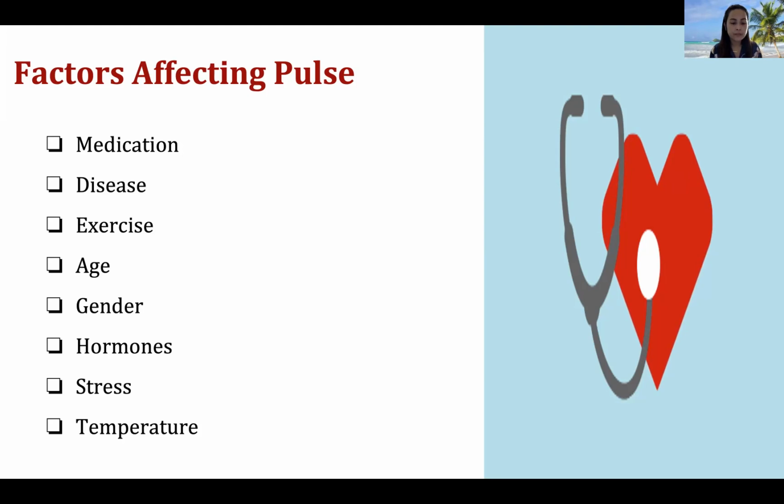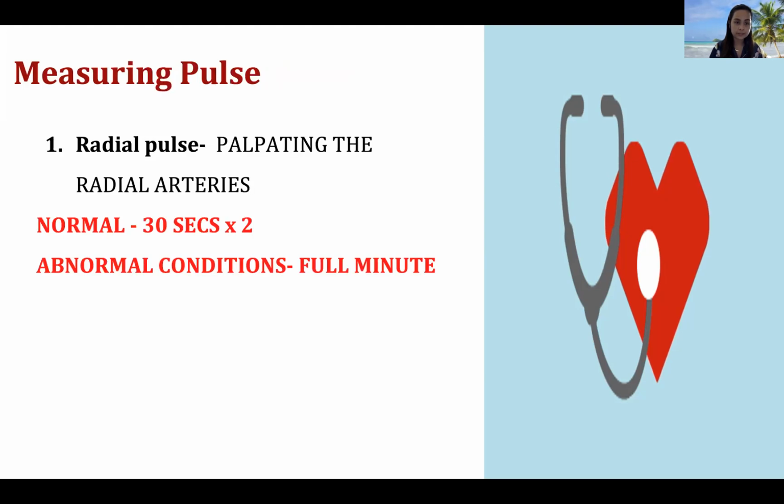Stress: if you are stressed, your heart rate will increase, because this is your defense mechanism. And temperature: as I've told you, if you have a high fever, your pulse will also be affected, and it will increase.